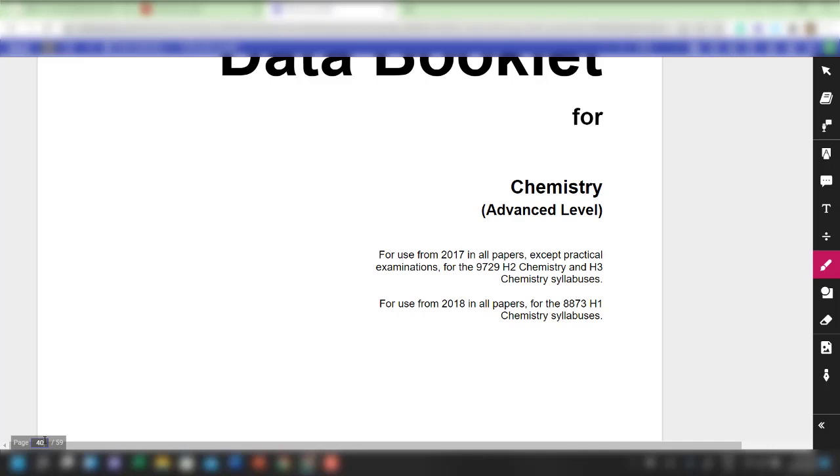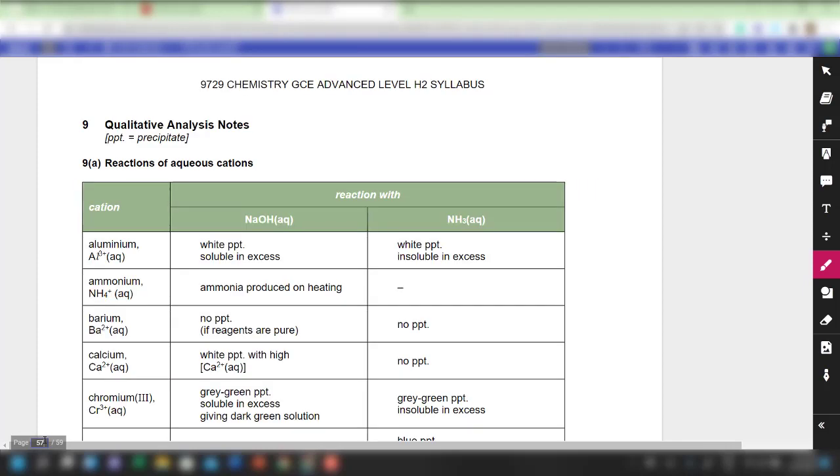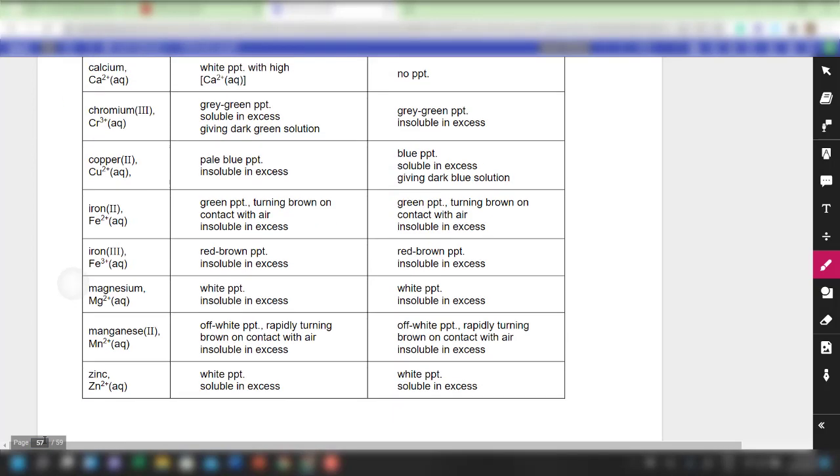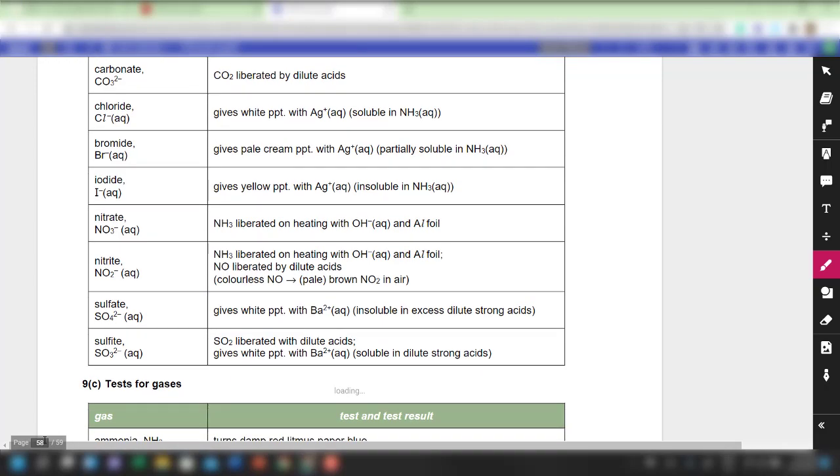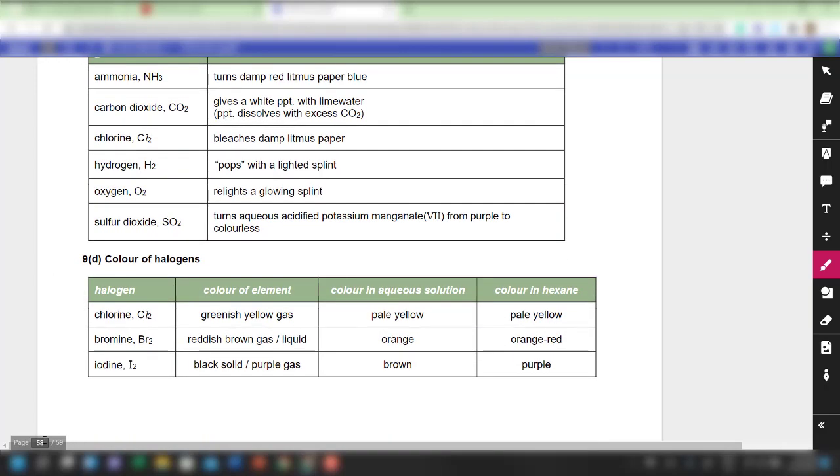Just take note of some of these things: for use from 2017 in all papers except practical exams. So do take note that for practical exams, you will not be allowed to bring in your data booklets and you will not be given the data booklets. For practical exams, you will only be given the last 2 pages, which is from section 9 onwards, under the qualitative analysis notes, all the way to reaction of anions, test for gases and color of halogens.